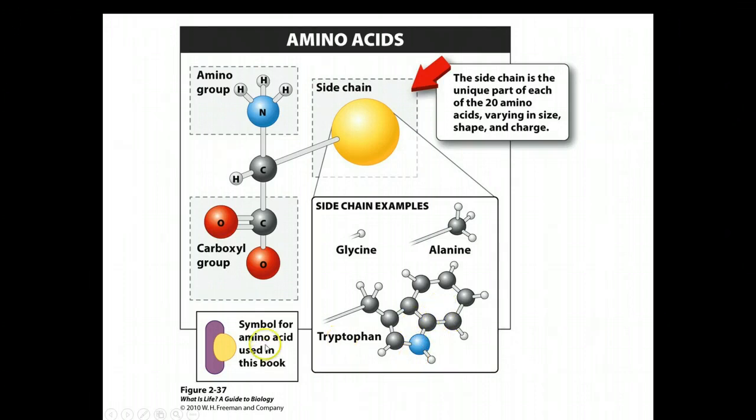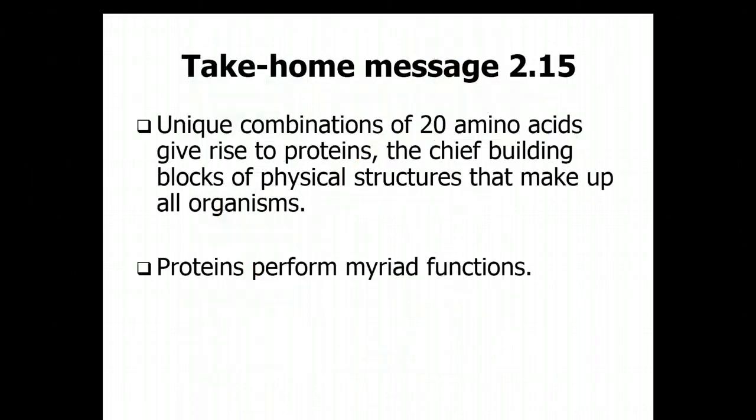And then you can look at the symbol for the amino acid that they use throughout the book, and hence I try to use slides that are consistent with the book, and I used the book company slides just to keep things consistent, easy for us to follow.